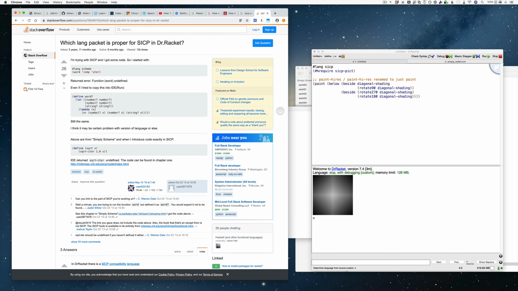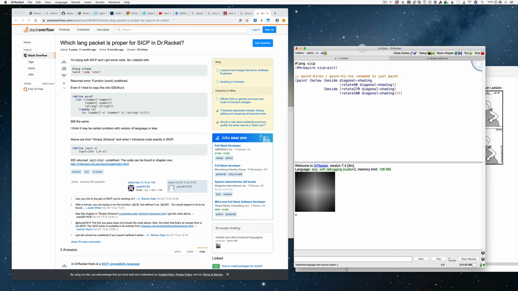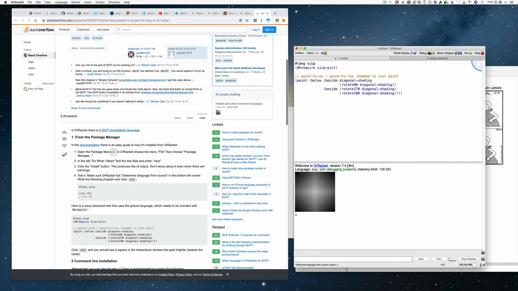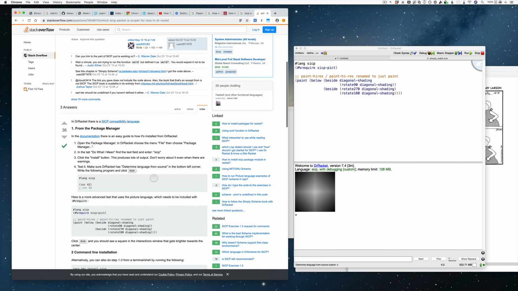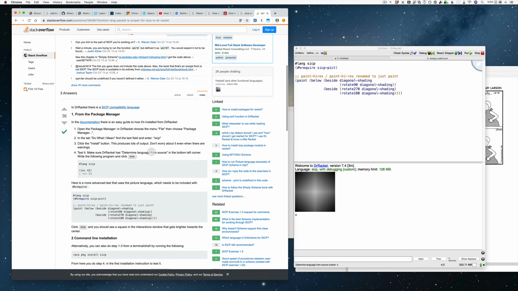I realized that inc and dec are not procedures defined in the version of Scheme that I was using in Dr. Racket. So I figured I should actually get an SICP version of Scheme, and I found a link about how to set that up in Dr. Racket, and it was really easy and seems to work fine.